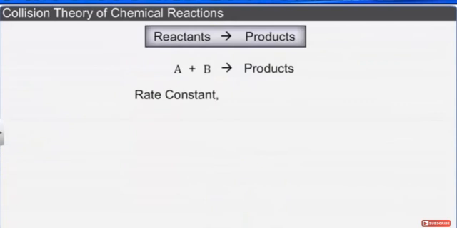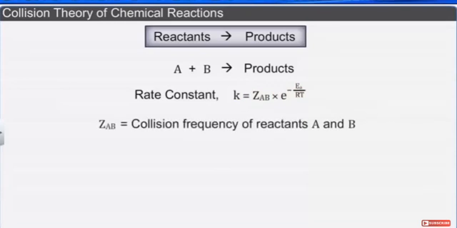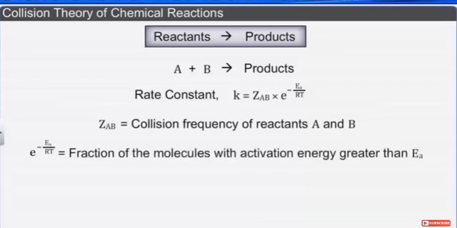The rate constant for a simple bimolecular reaction, as predicted by the collision theory, is k = Z_AB × e^(−Ea/RT), where Z_AB is the collision frequency of reactants A and B, and e^(−Ea/RT) is the fraction of the molecules with activation energy greater than Ea. The Z in this equation can be compared to the factor A in the Arrhenius equation.